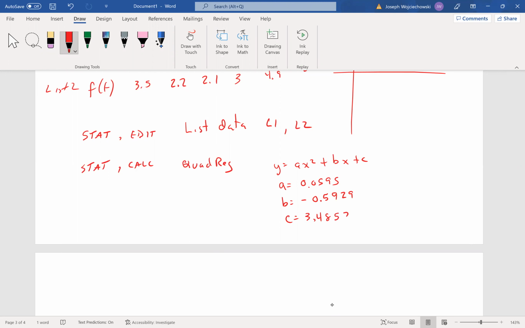So that means our equation is 0.0595x squared minus 0.5929x plus 3.4857.